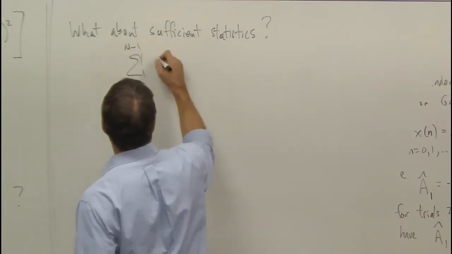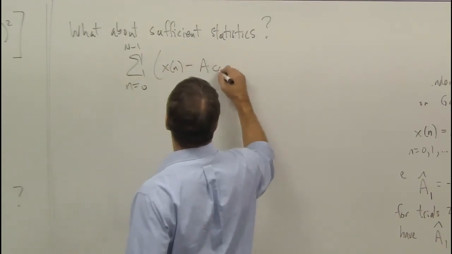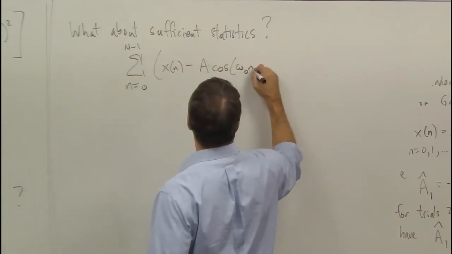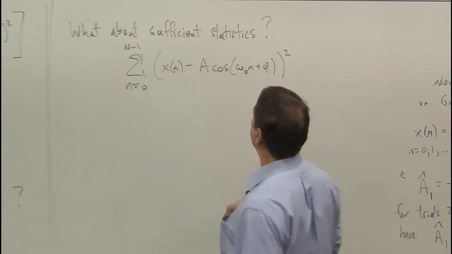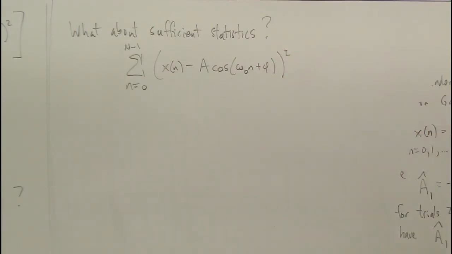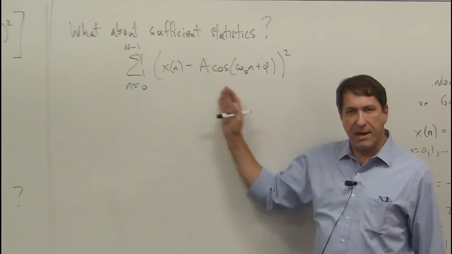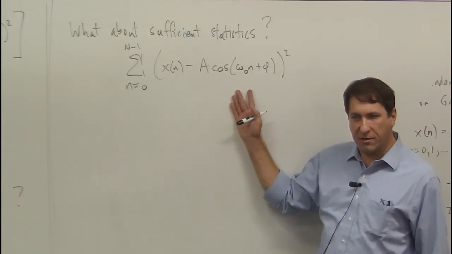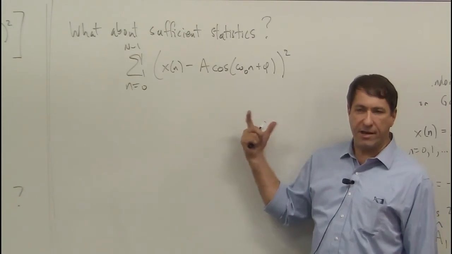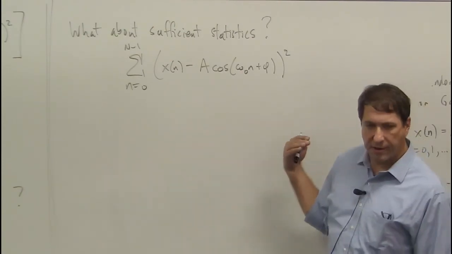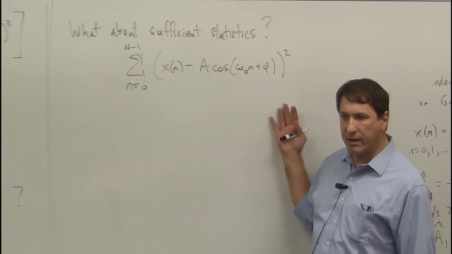We look at the sum of this thing, right? This is the only portion of the likelihood function that involves the parameter phi, okay? And so we're looking for how we can express the portion of the PDF that depends on the parameter of interest in terms of a function of the data and factor out a portion that depends on the data alone that we don't need to worry about.